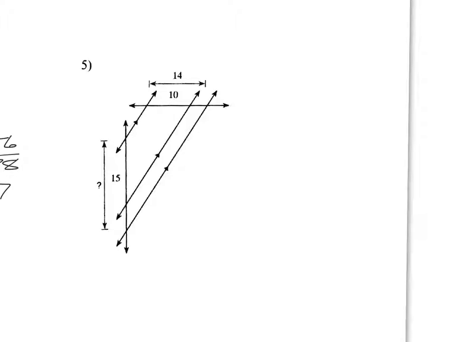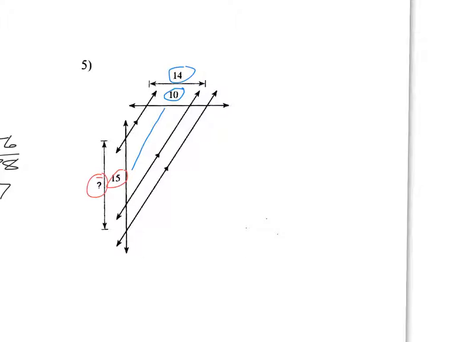So again, this one's pretty easy because we have the part and whole. Here's a part, and it corresponds to that one. Here's a whole, and the whole for that one is 14.